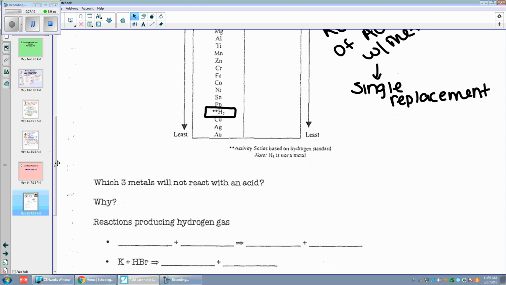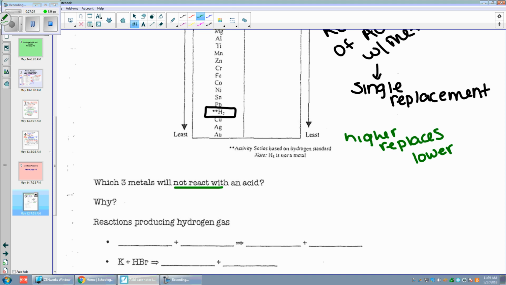So it said which 3 metals will not react with acid. Well, you want to remember on table J, higher replaces lower. And if higher replaces lower, well, which will not react? Anything lower.